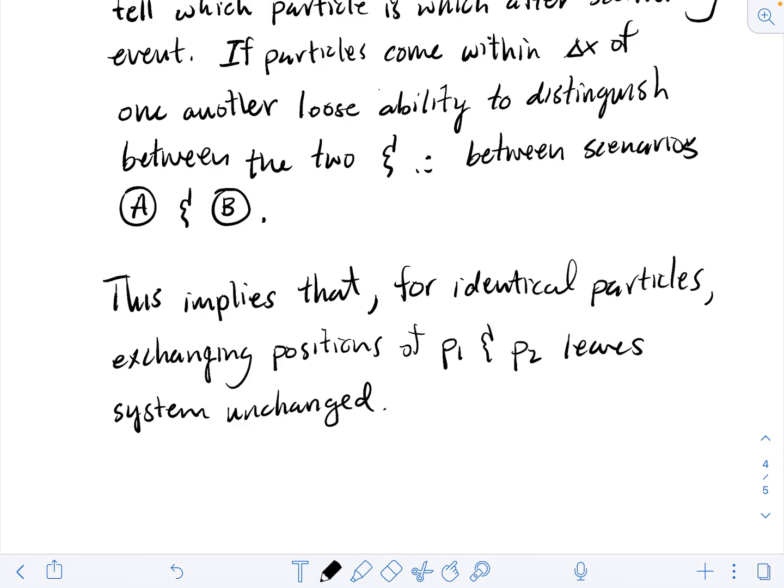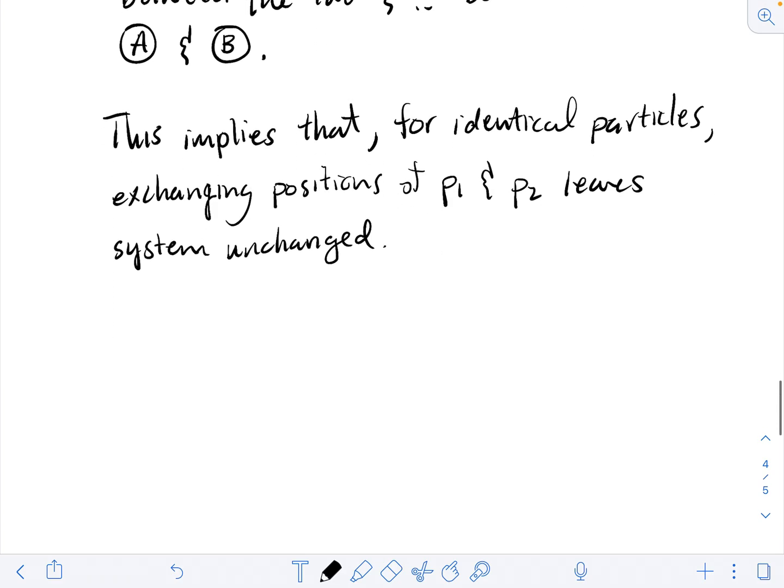There's no measurement that you could do that would be able to tell you whether or not two identical particles have swapped positions. That's the first useful insight that we can look at.